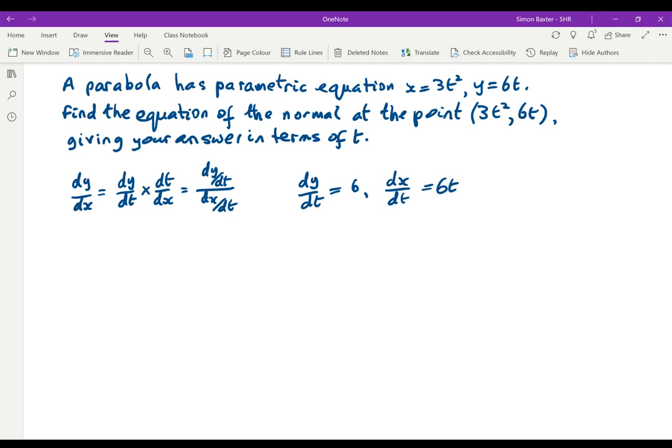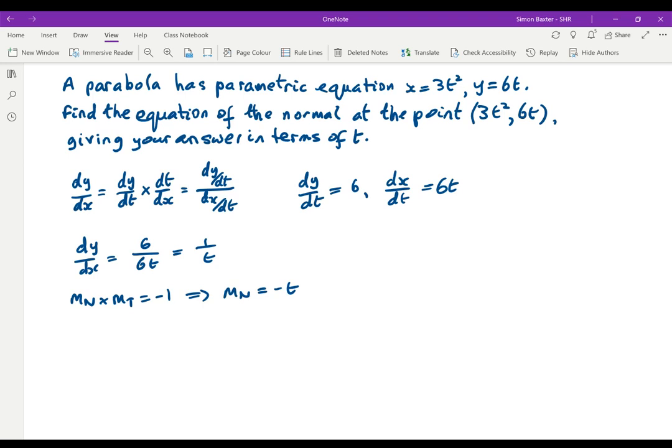Now we want dy by dx. dy by dx is dy by dt, which is 6, divided by dx by dt, which is 6t, therefore 1 over t. So that is the gradient of the tangent. We want the gradient of the normal. mn times mt is minus 1, therefore the gradient of the normal is minus t.